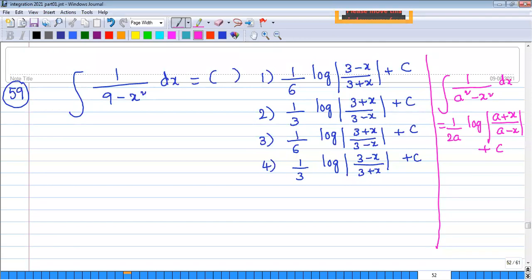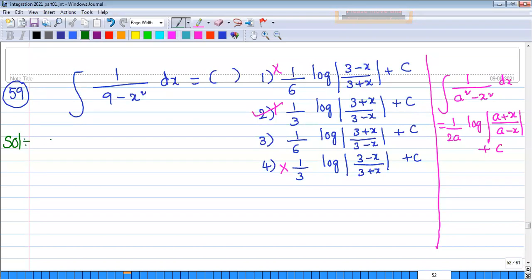Here actually two options will be eliminated, first option and fourth option. Either second or third. Obviously third only, because 3 into 2, 6 it becomes, not 3. 1 by 2a, a square is equal to 9, a is 3. So 1 by 6.